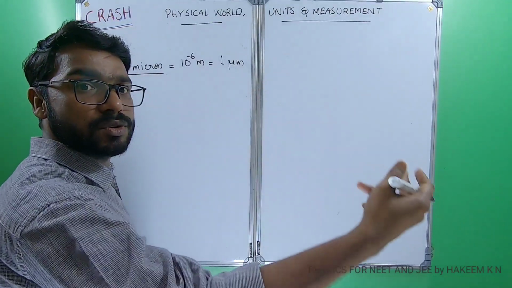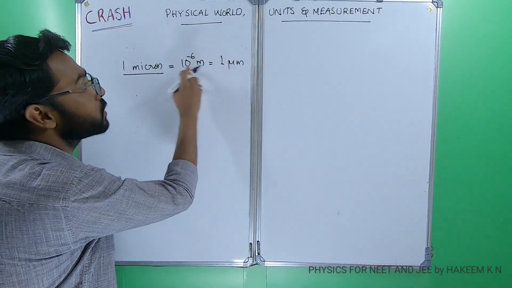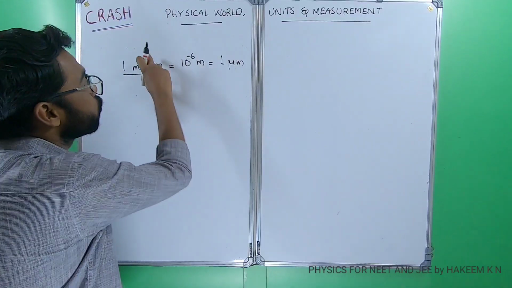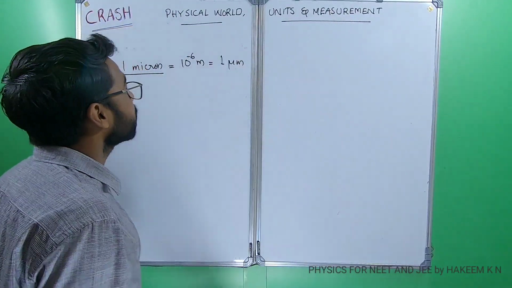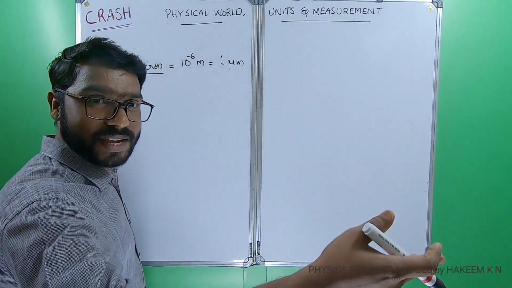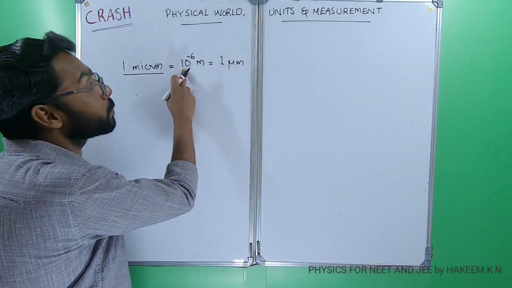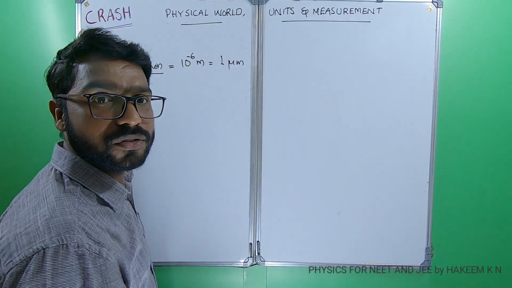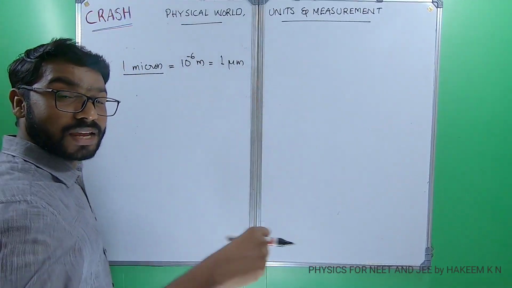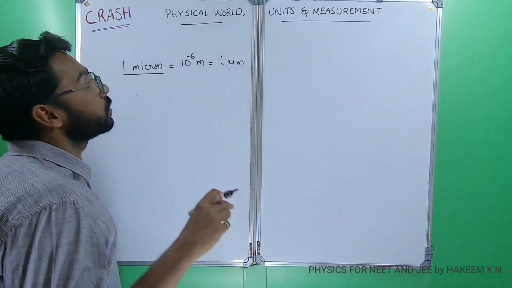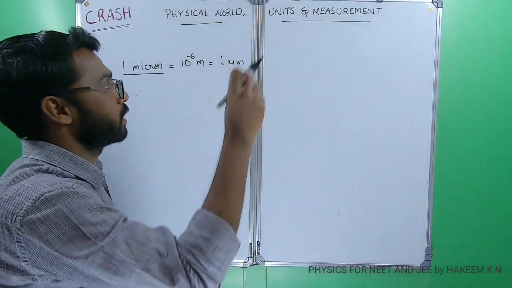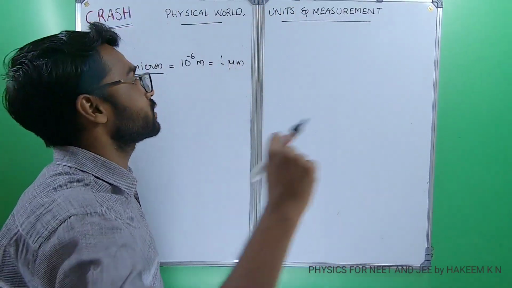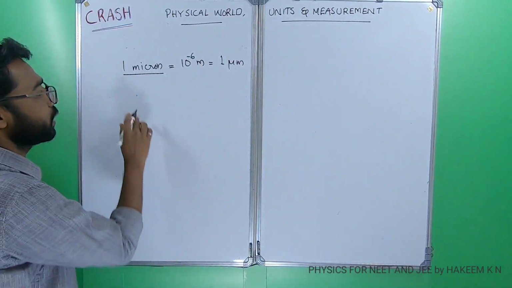So micron is not a prefix, micro is a prefix. Micron is a special name given to 1 micrometer only. Micron is not 1 microsecond. Micron is 1 micrometer, unit of length. But we can say microsecond, microgram, microhertz, etc. But micron is not like that. Micron is 10 power minus 6 meter or 1 micrometer.